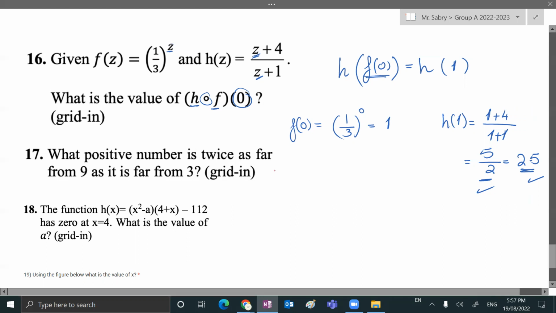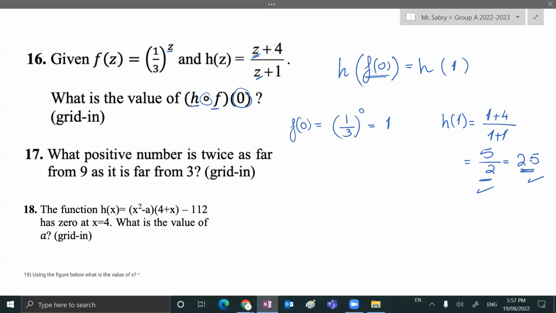Okay. So when I want to know a number twice as far from 9... let me rearrange the sentence properly. He's saying twice as far from 9 as it is far from 3.